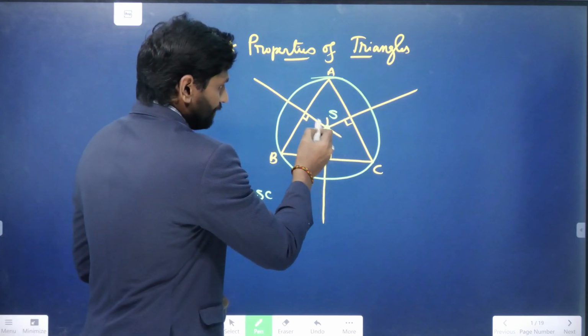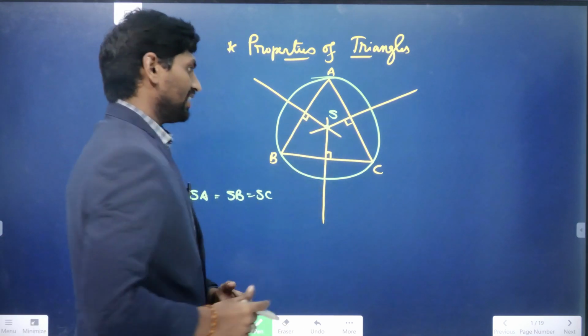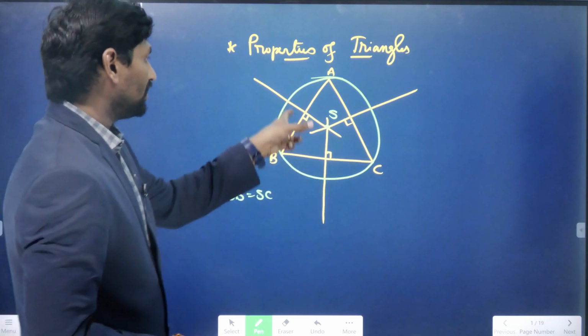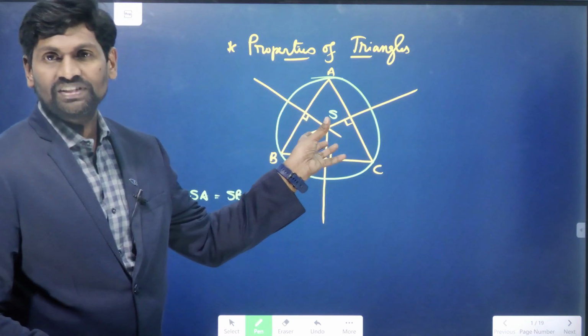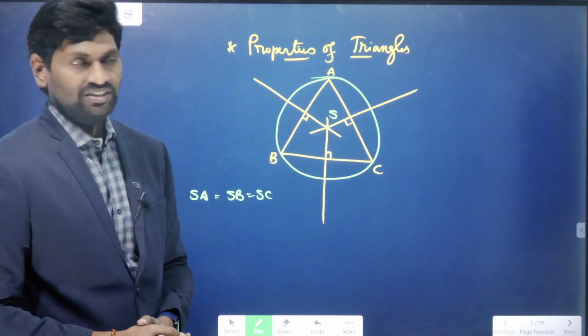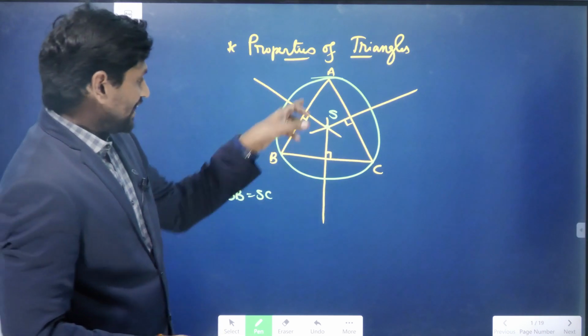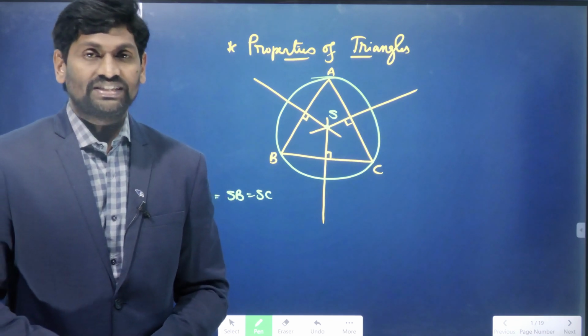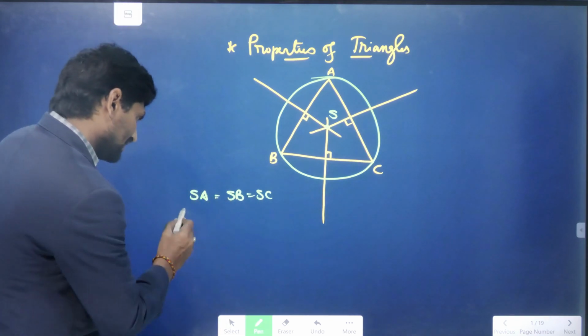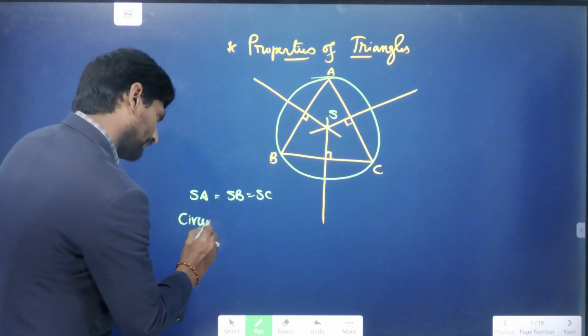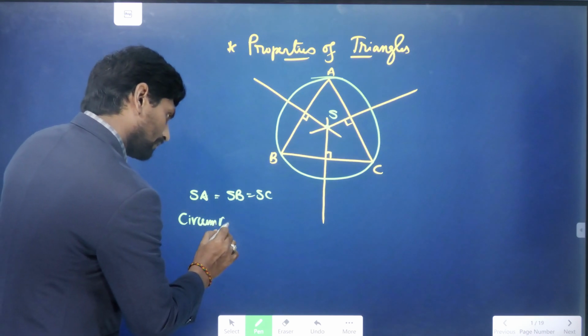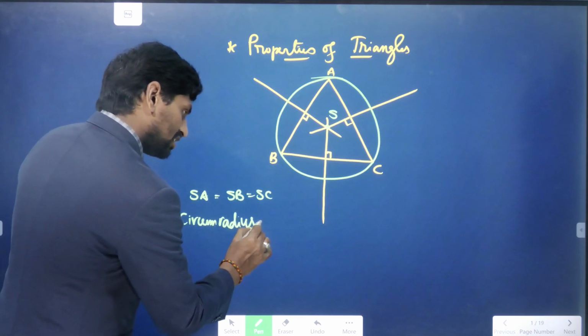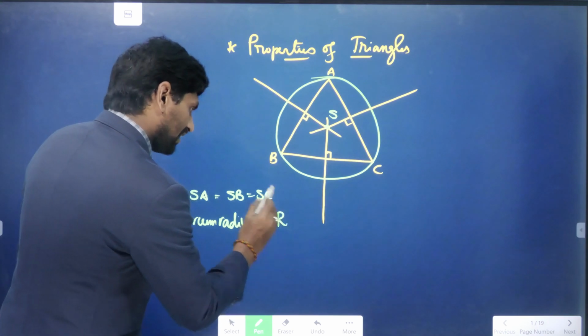The perpendicular bisectors' intersecting point, or concurrent point, is called the circumcenter. We represent it with S. And SA, SB, SC are called the circumradius, and we represent this with capital R.